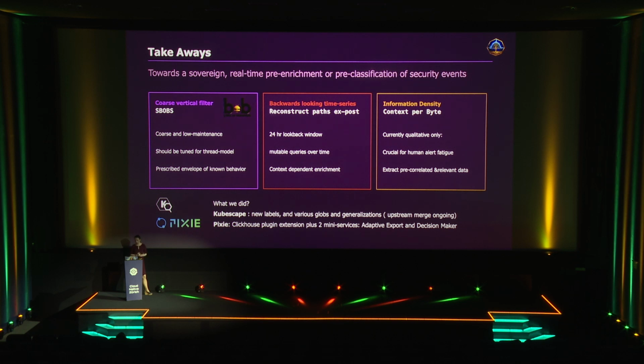And information density is the big goal: how can we save data volume so that people do not have to store it elsewhere. This is ongoing, but it's going to be crucial for anyone trying to get down the cost it takes for a human to understand what was going on.